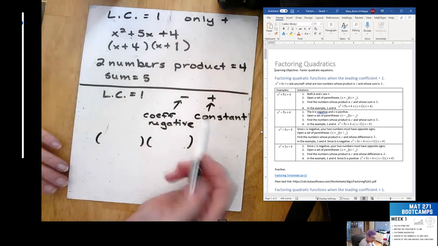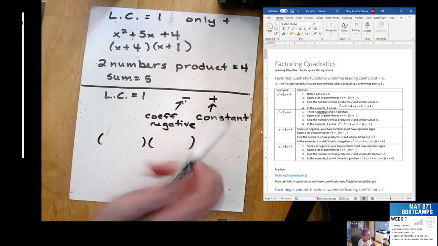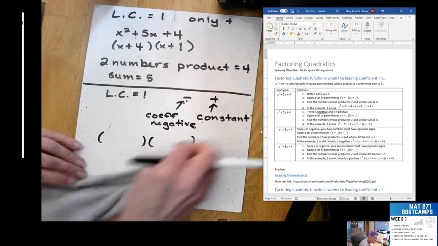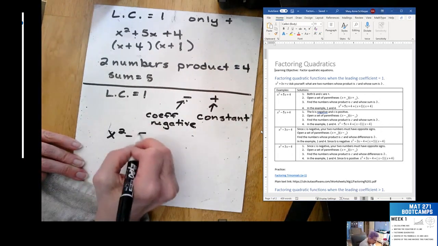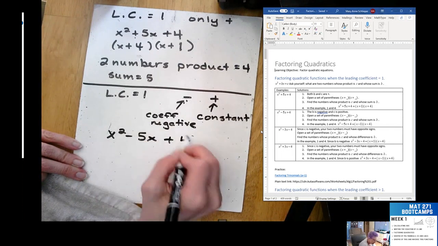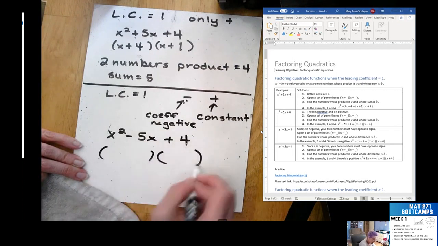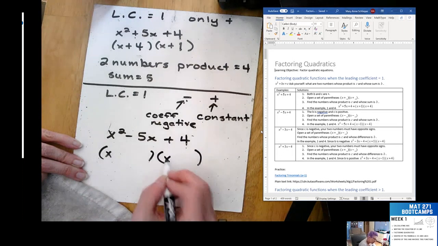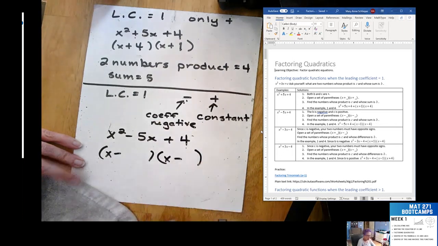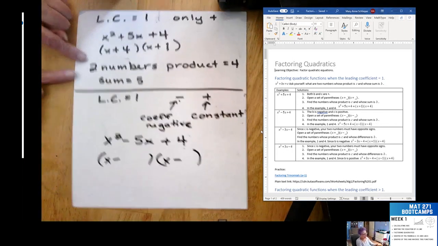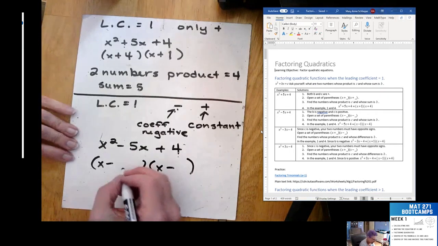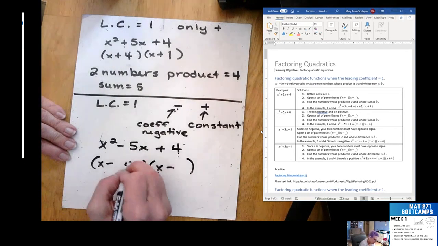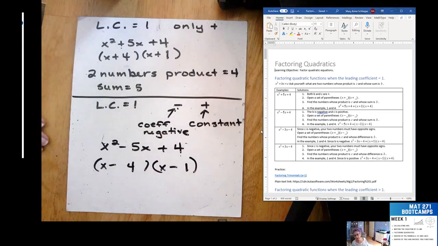And since this number is negative, the coefficient of our x term, in this case, x squared minus 5x plus 4, I need two negative numbers. So I ask myself the same question. Two numbers whose product is 4, whose sum is 5. This time it's minus 4 and minus 1.